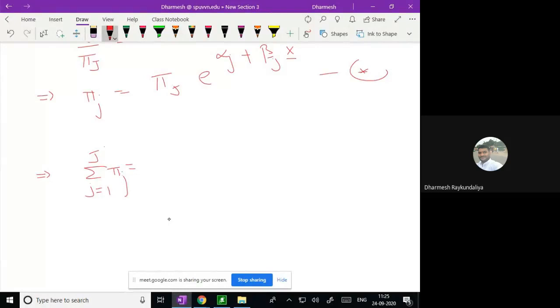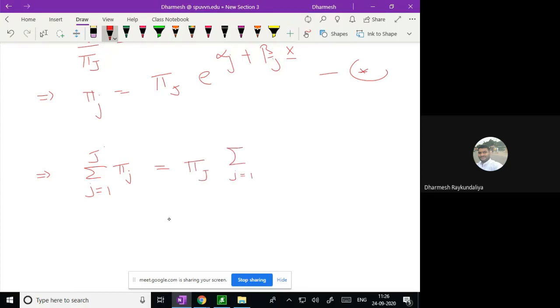can be written, right? From equation star, capital pi J is a constant, so I'll just take it outside.